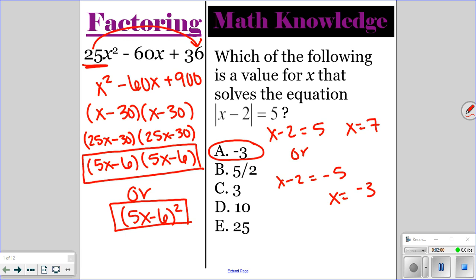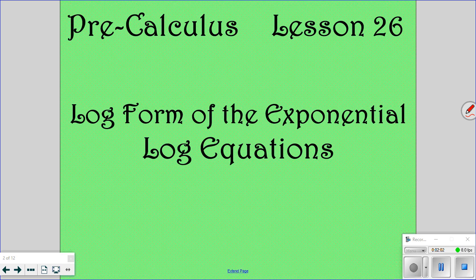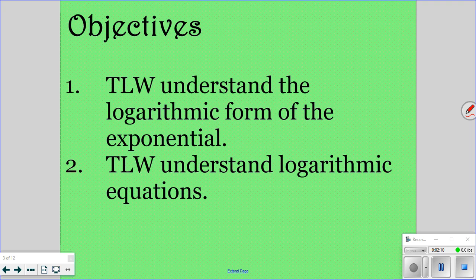Okay, so now we're going to look at lesson 26 today. We're going to be looking at log form of the exponential and log equations. So hopefully after this lesson, you'll understand that logarithmic is what log is short for. Most of the time people don't say logarithmic, they just say log.